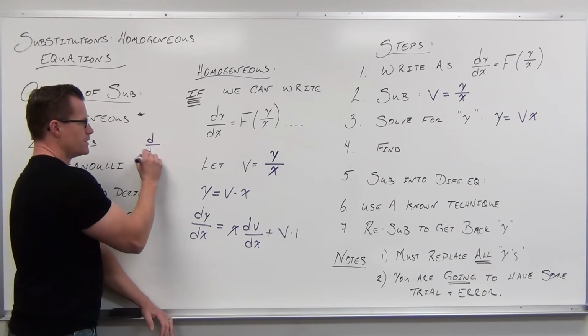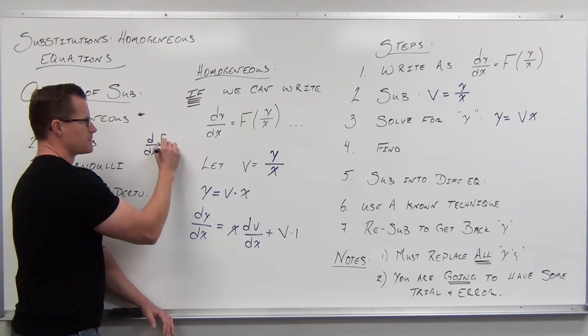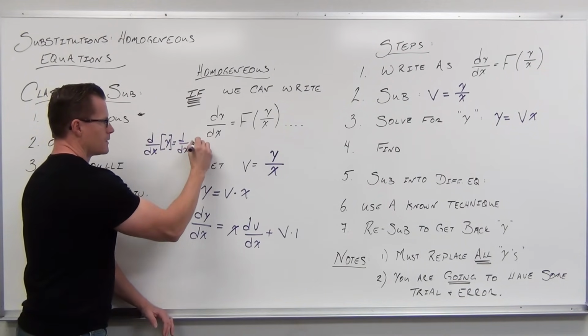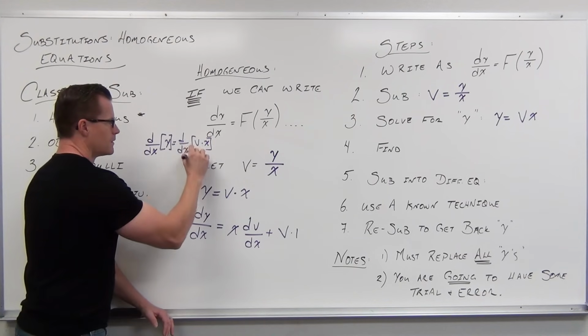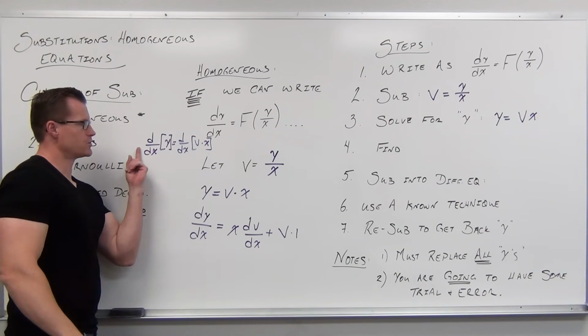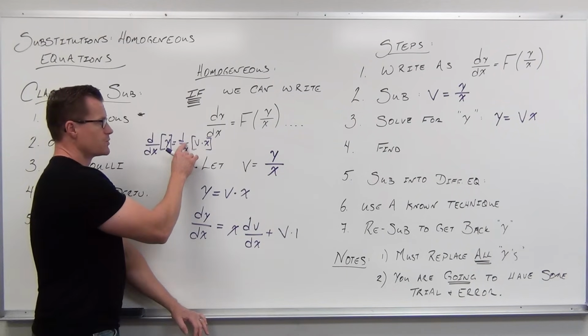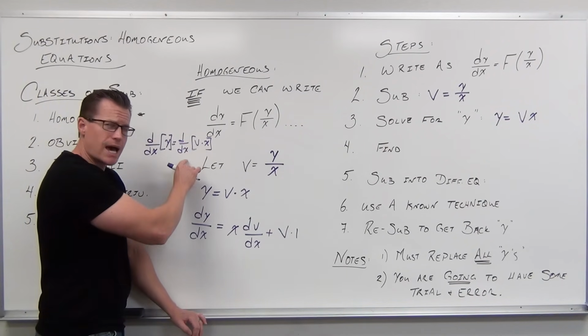If you took a derivative with respect to x of y and v times x, the derivative of y implicit, dy/dx, that's where this is coming from. The derivative of v times x with respect to x.